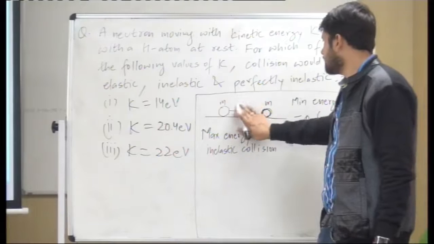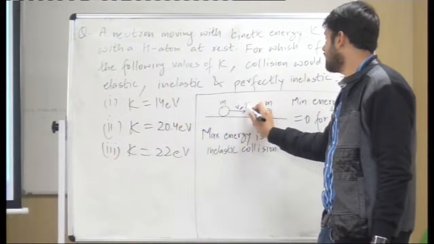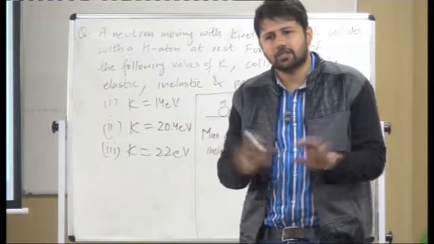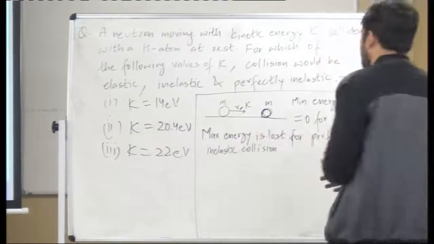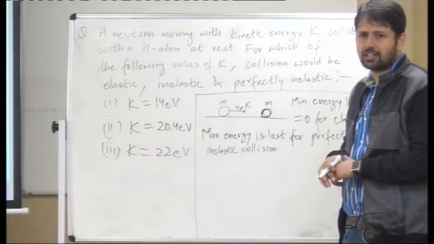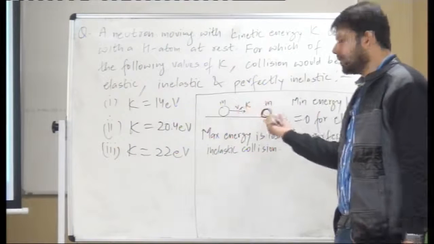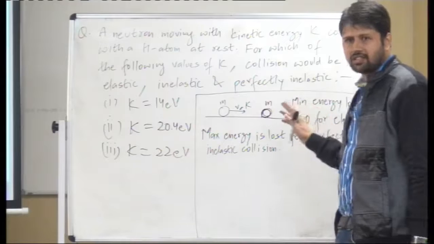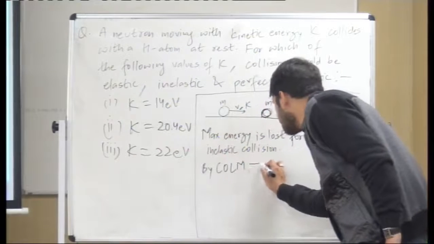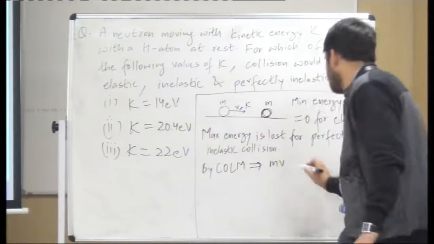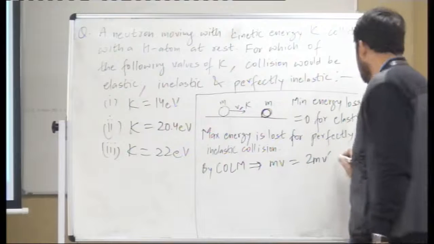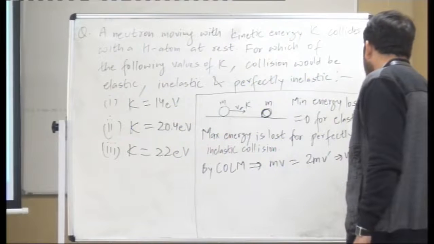Let's say v is its speed, K is kinetic energy. V is not given, we just use it, it makes handling things easier. So both of them would move with the same velocity v'. By conservation of linear momentum, initially momentum was mv, finally momentum is 2m into v'. Both of them are moving with the same velocity, so v' is v by 2.